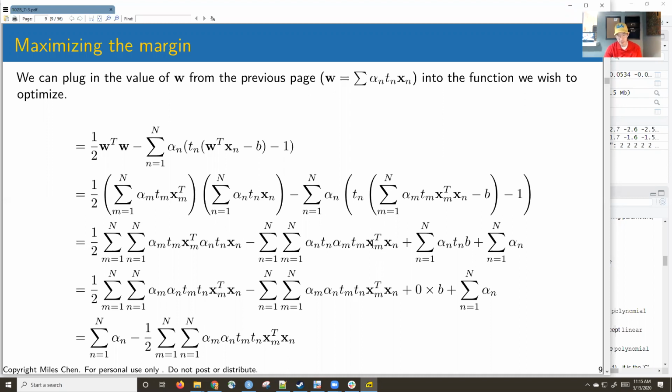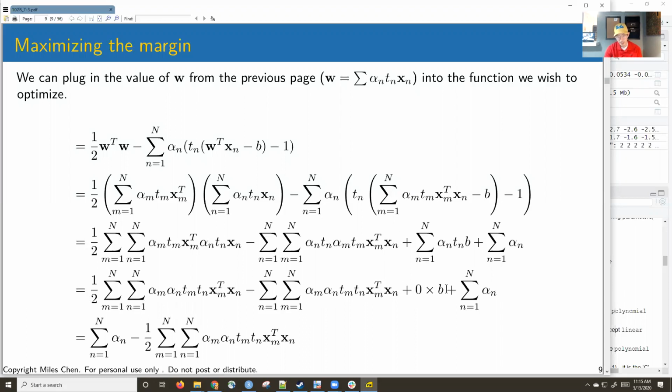Anyway, when you distribute these alpha n's and t n's with the m's and the t's and the x and the m, I think it looks like this. All this to say, you can rearrange these terms. These two things combine. So I've got a 1/2 of this minus a full one of these.